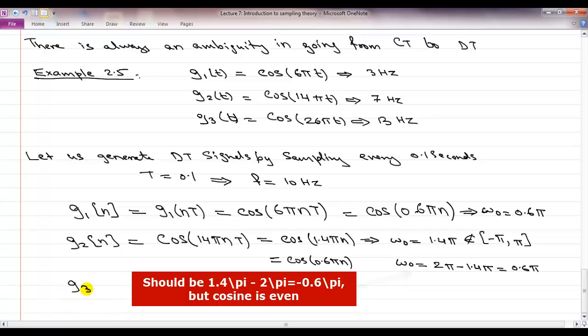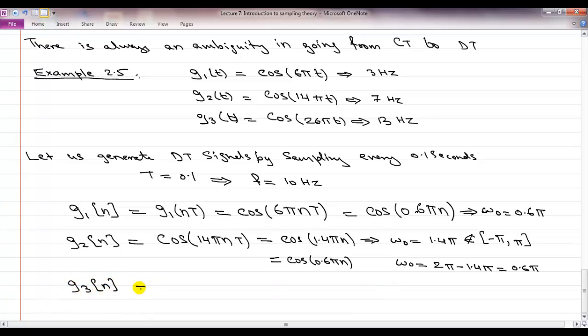Let's do this now with G3n. Cosine of 2.6 pi n. This means that this is a sinusoid with frequency 2.6 pi.